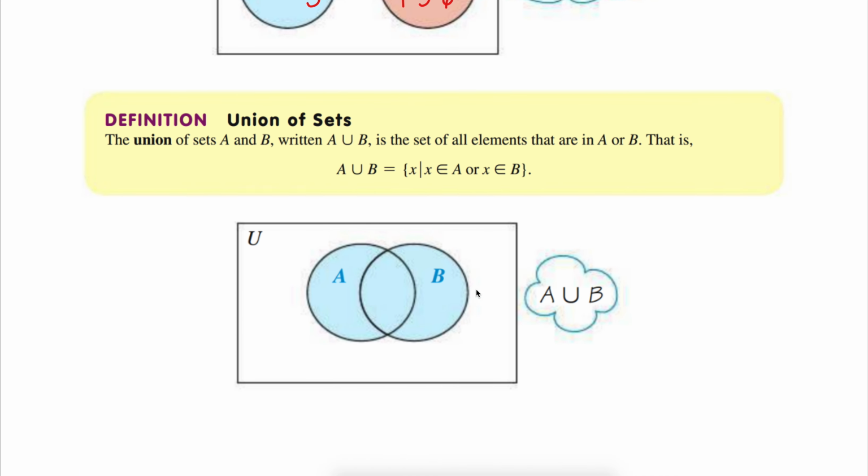At the bottom of the page, we're going to talk about the union of two sets. The intersection is much more exclusive. With the intersection, it is just the overlap. The union of two sets, everybody's part of the mix.